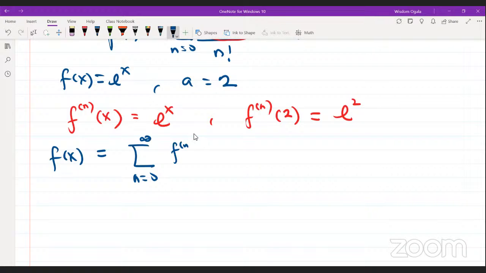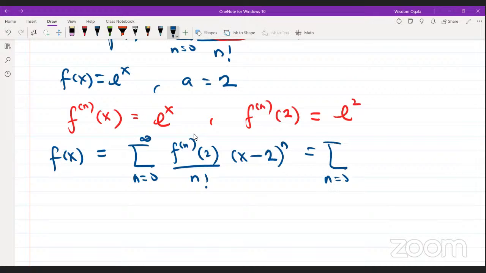Keep in mind that this is what we're trying to do. Of f to the n of a over n factorial, x minus a. Now, do you agree with me that we already found this guy, f to the n of 2, and that's just e squared, divided by n factorial, x minus 2 to the n.